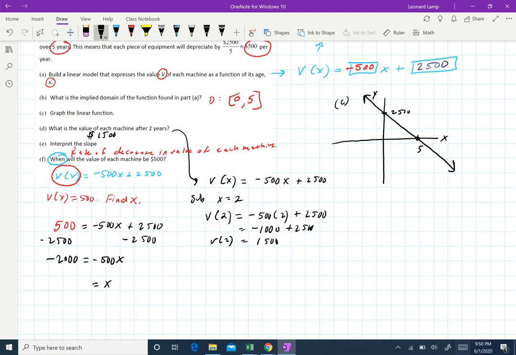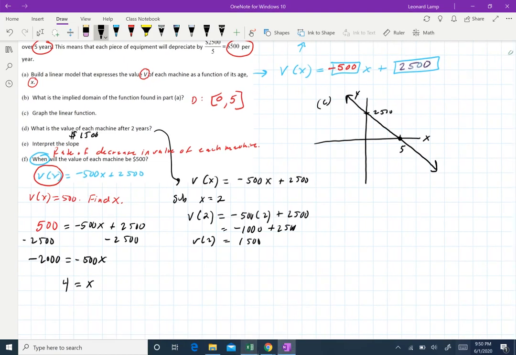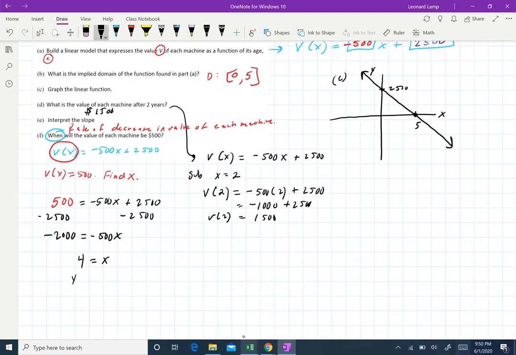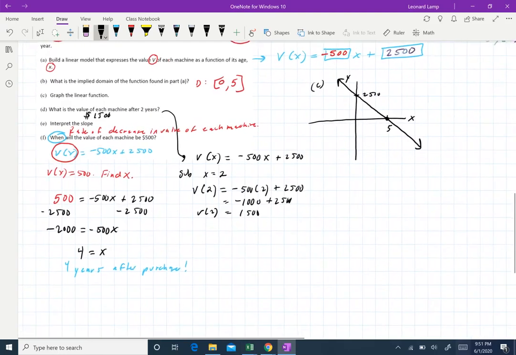You divide by negative 500 and you'd get 4. So when will machines be worth $500? 4 years after purchase.